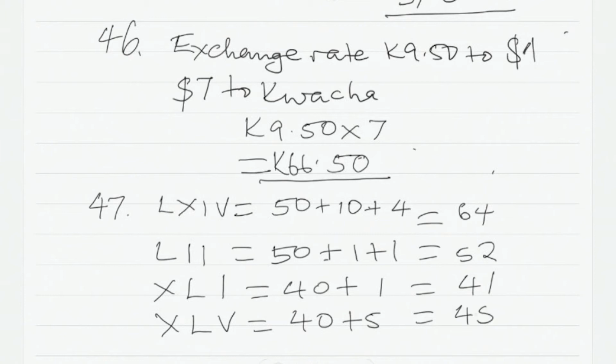Let's add 50 plus 10, that is 60, plus 4, 64. 50 plus 1, that is 51, plus 1 again, that is 52. 40 plus 1, that is 41. 40 plus 5, that is 45. So it is clearly seen that this Roman numeral XLI is the smallest, meaning C is the answer, XLI.